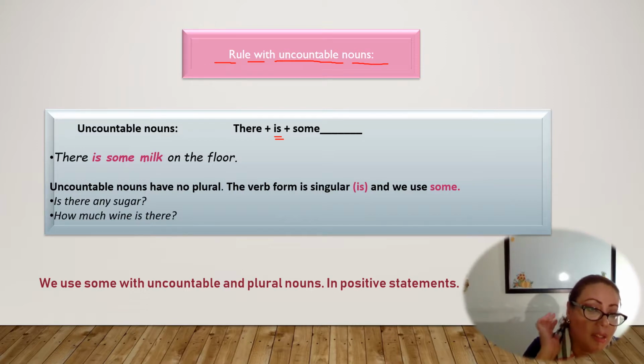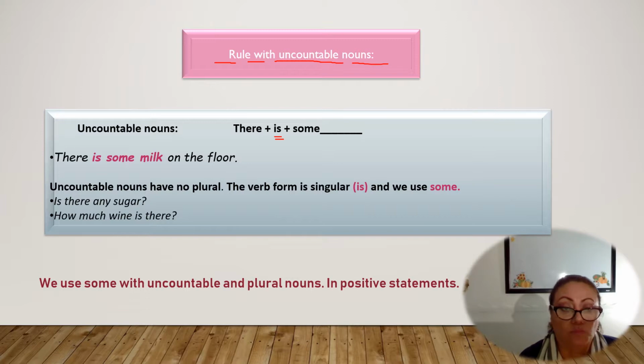Yo digo en español, ahí hay leche, directo. Ahí hay jugo. Sí, en la refrigeradora hay jugo. Sí, hay leche. No hay arroz. No hay azúcar. Okay?